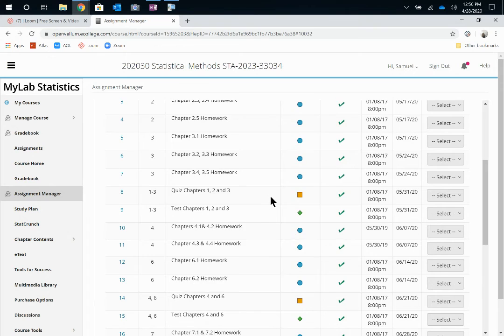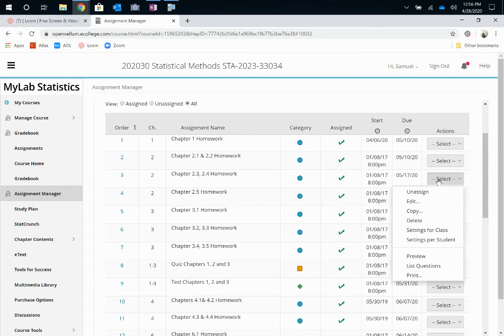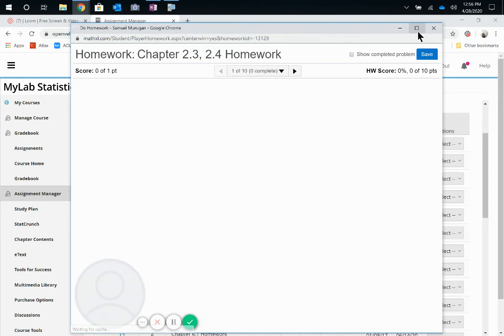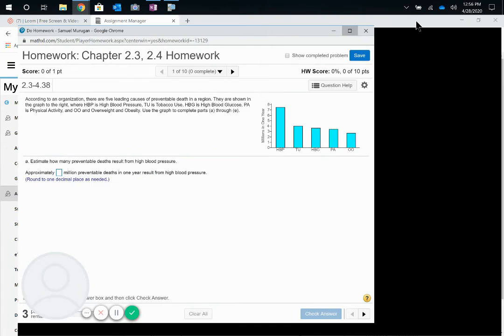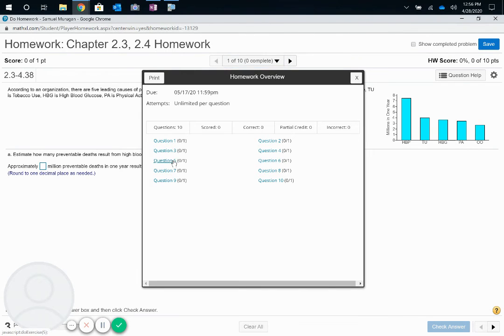The last thing I wanted to do was to take you to the homework and show you how to create that bar chart using StatCrunch. So if I have, what is it, question 5 had the bar chart, right? Question 5.